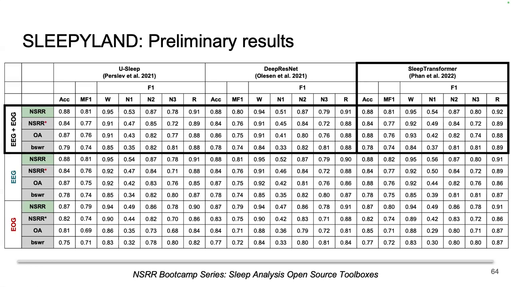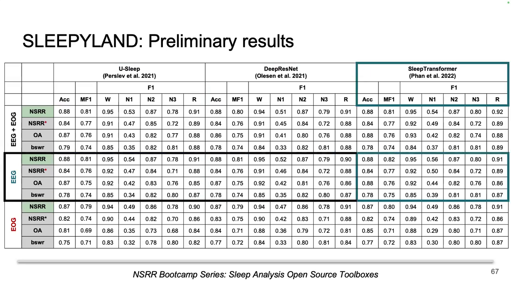So we are now trying to understand if one model or the other is specializing on a subset of subjects in doing a good job on the N1 class, for example.